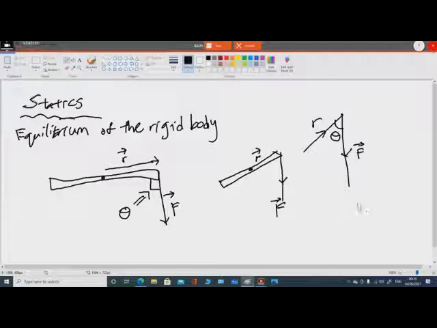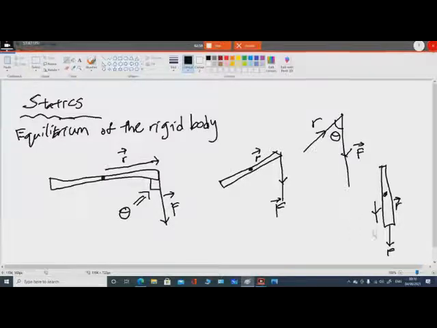As we mentioned just now, let's say the plank is held vertically. This is our force and this is our R, the direction of R. We can see that the direction of R and the direction of F are in the same direction.